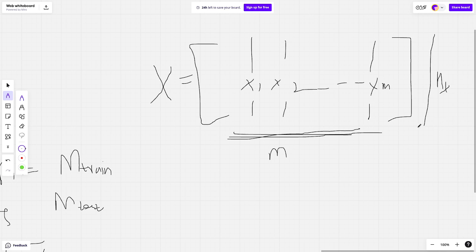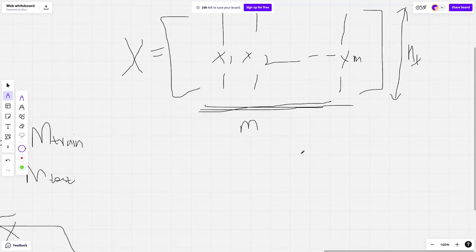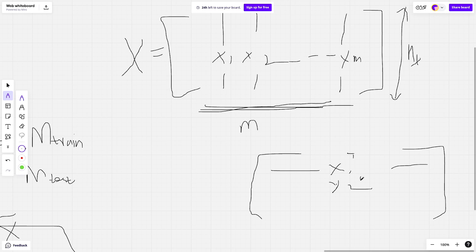nx will be the number of rows, the height of the matrix. You will notice that a lot of courses or a lot of people teach the same thing the transpose way, taking x1 transpose, then x2 transpose, up to xm transpose, but that makes things complicated, so we will not use that.